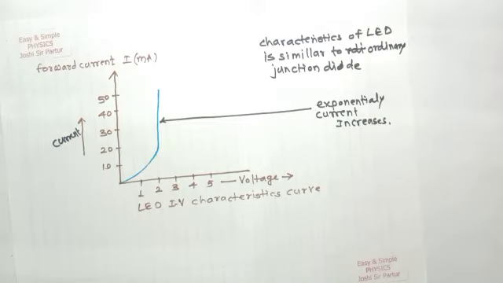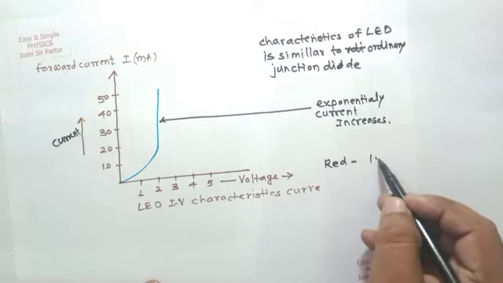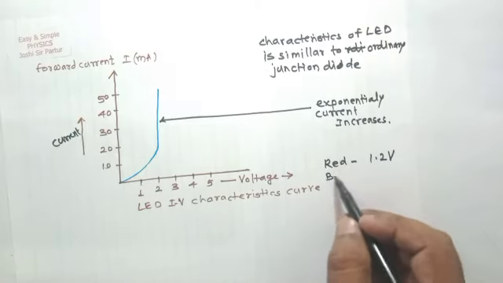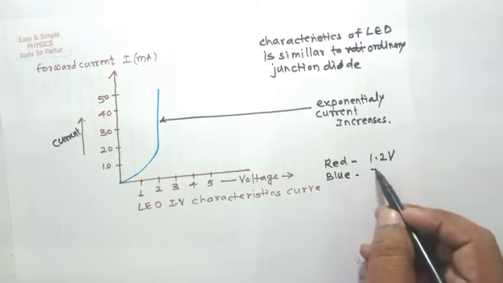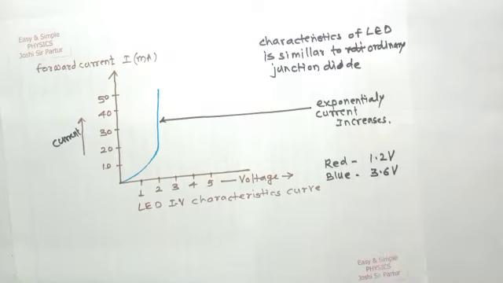So for red light, the LED voltage is about 1.2 volt. For blue color of light, the LED voltage will be 3.6 volt.